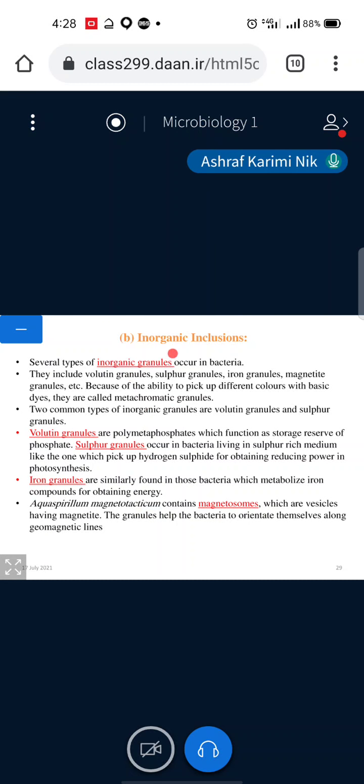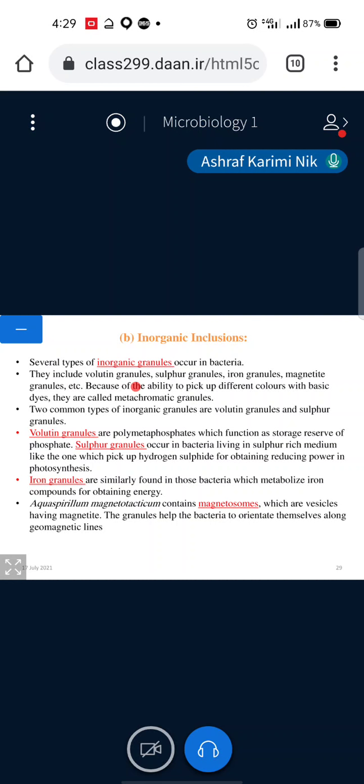B, inorganic inclusions. Several types of inorganic granules occur in bacteria. They include volutin granules.